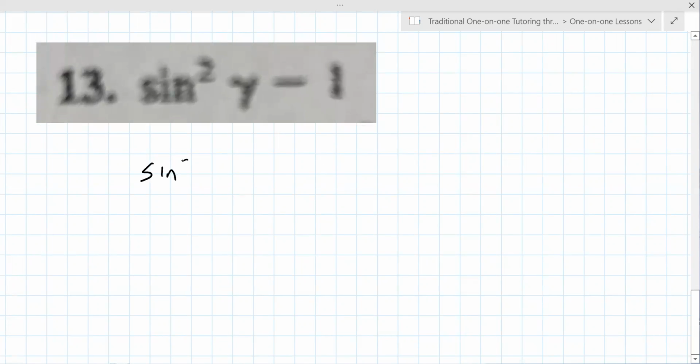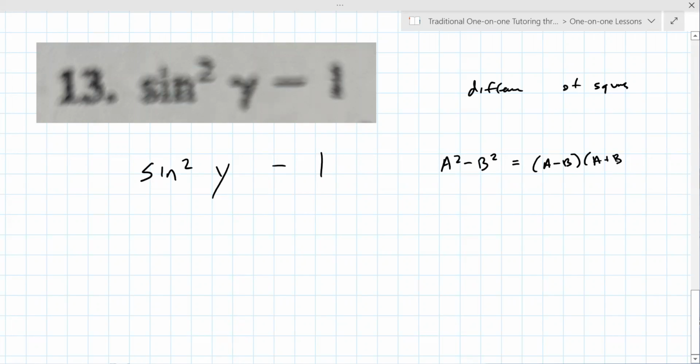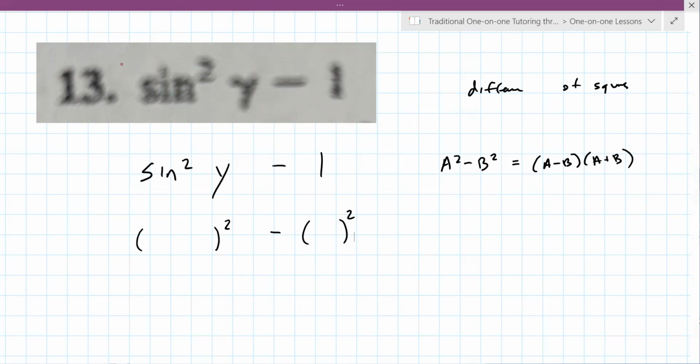So this is sine squared, and then that's a Greek letter. I don't even want to say I know what that is, but we'll just call it y for now. So this one is an a squared minus b squared. This one's a difference of squares. So if you recall, a squared minus b squared becomes a minus b times a plus b. And so your goal is to figure out, what squared minus what squared gets you back to the previous line.